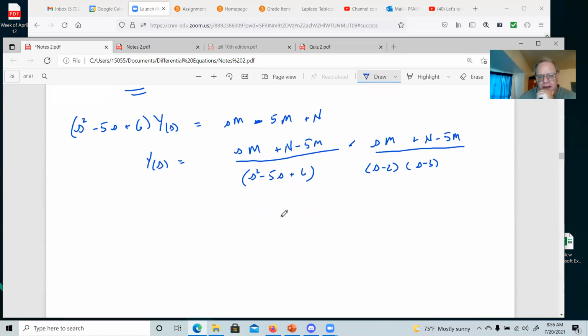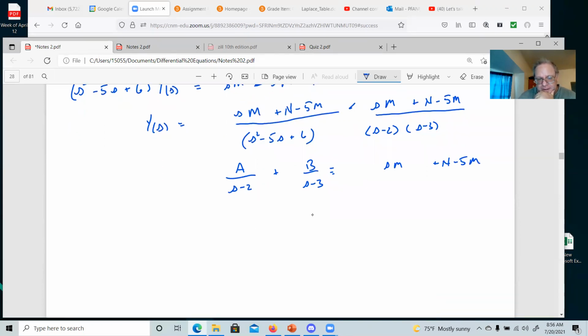Then we break these apart. We say this is an A over s minus 2 and a B over s minus 3, and this equals s m plus n minus 5m. So it looks like we have A times s minus 3, plus B times s minus 2.